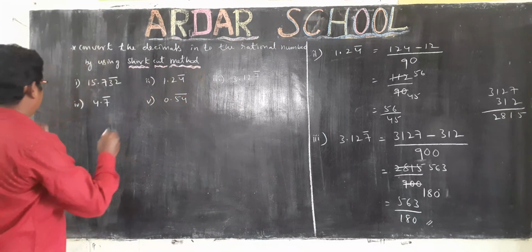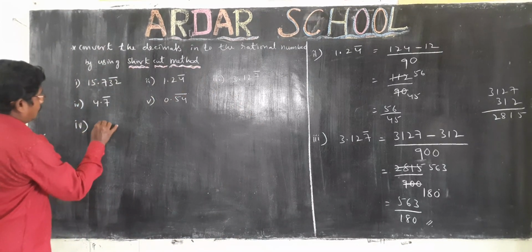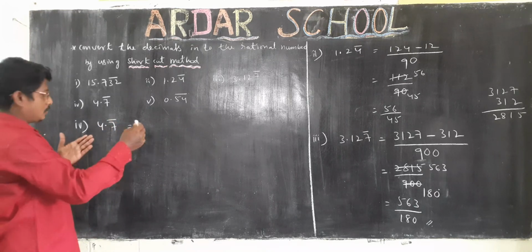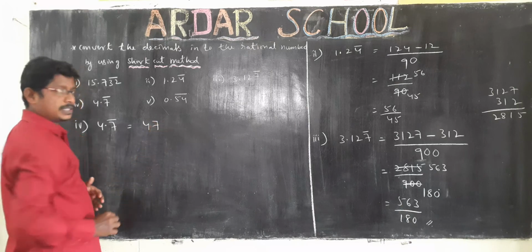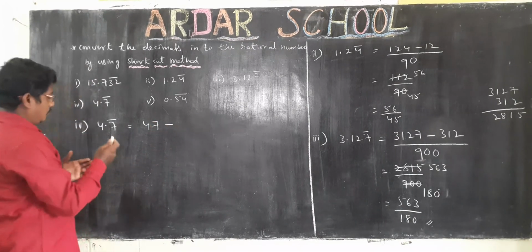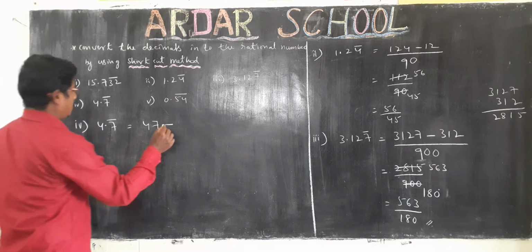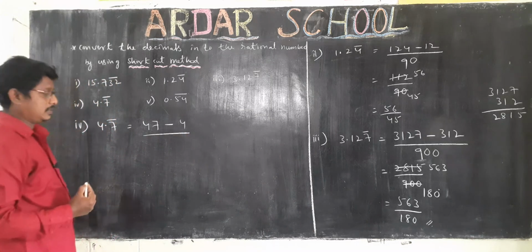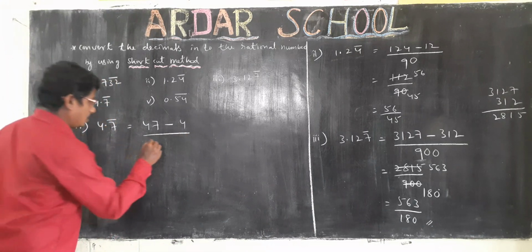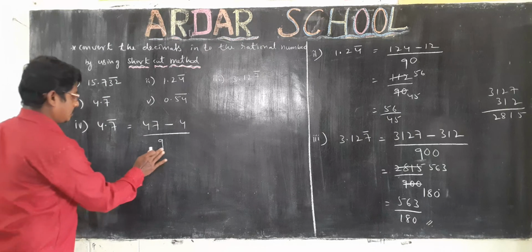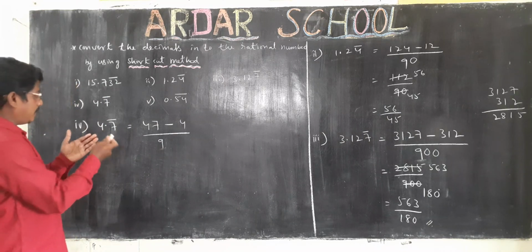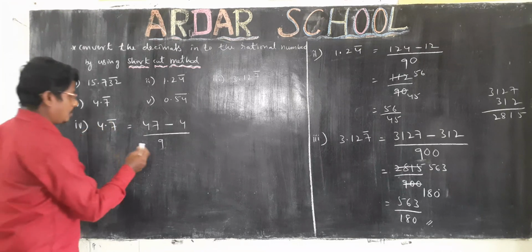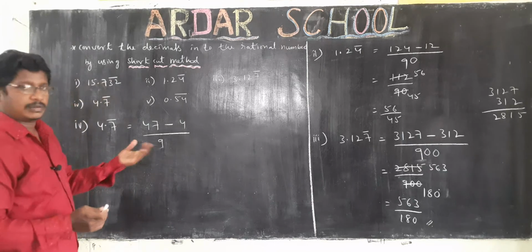Next, the fourth one, 4.7 bar. Easy, this one. First write the total number, 47 minus, next write the number before the recurring part, 4, by, here the periodicity is 1, so write one 9. Here there are no decimal places between the decimal point and the bar, so we don't put a 0.